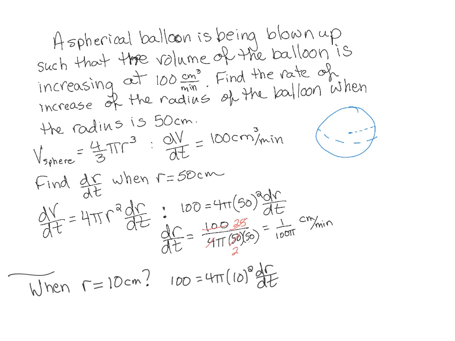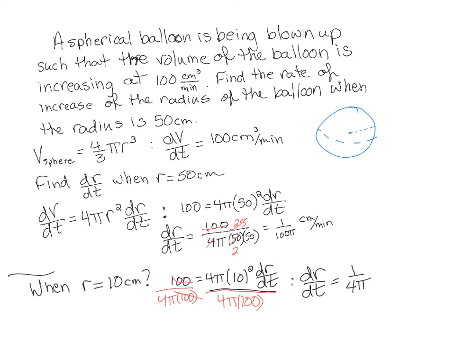When I divide both sides by 4 pi 10 squared, I get dr/dt is now 1 over 4 pi.